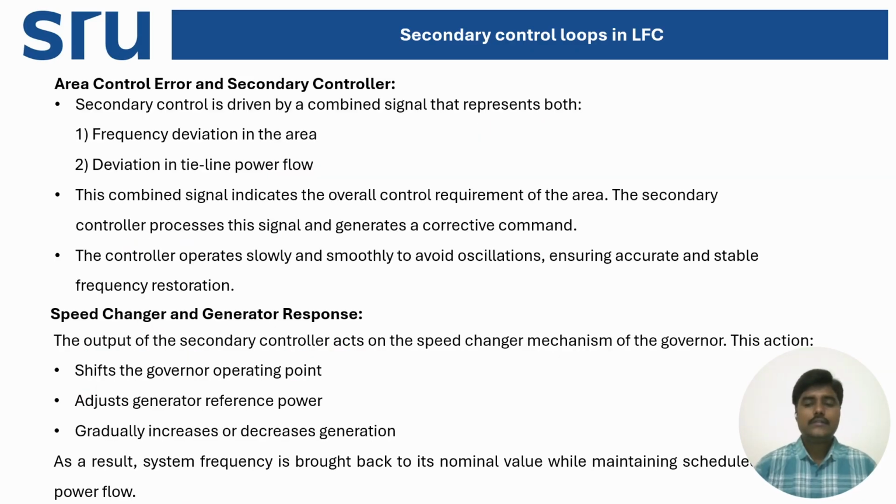So now let's see about these elements individually. First, area control error. The secondary control is driven by a combined signal that represents both frequency deviation in the area and deviation in tie-line power flow. That combined signal is nothing but area control error, ACE. So this area control error signal will have a combination of frequency deviation and deviation in tie-line power flow.